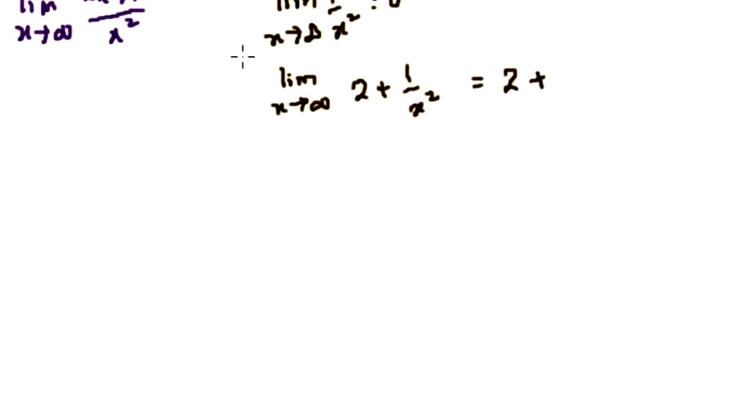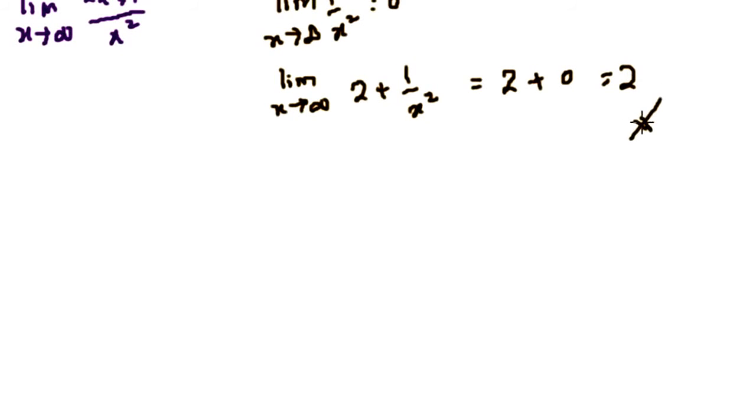The limit of x approaching infinity for 1 over x to the power of 2 is 0. So you get 2. That is one question answered.